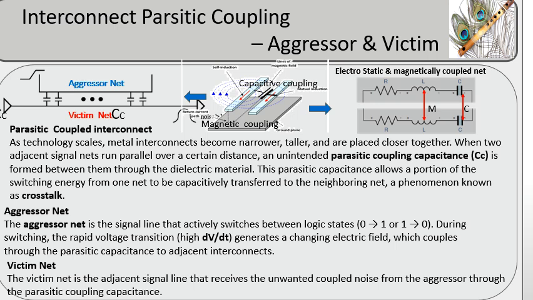The strength of this coupling depends on factors such as interconnect spacing, parallel routing length, and signal transition speed. Understanding the aggressor-victim relationship forms the foundation for analyzing crosstalk, noise, and timing degradation in high-speed VLSI designs.